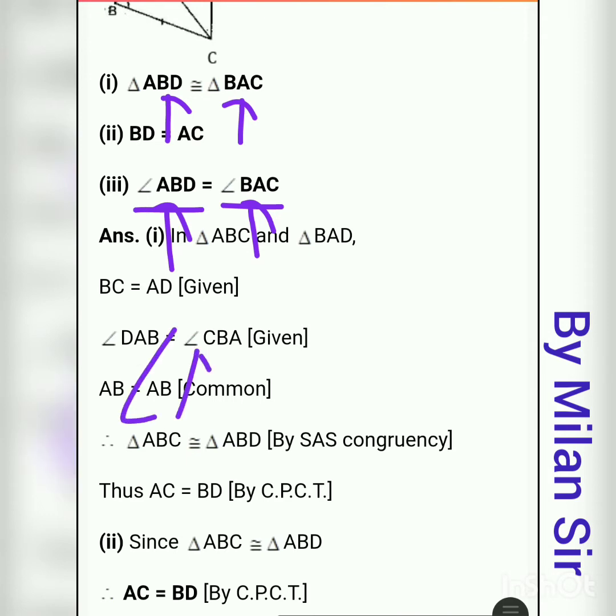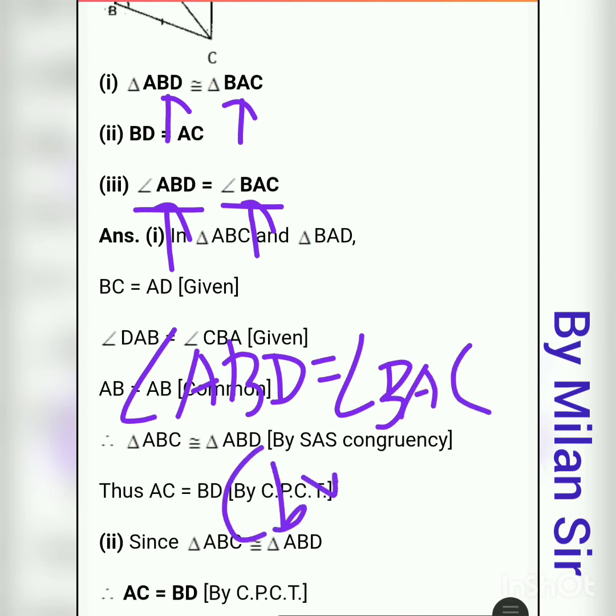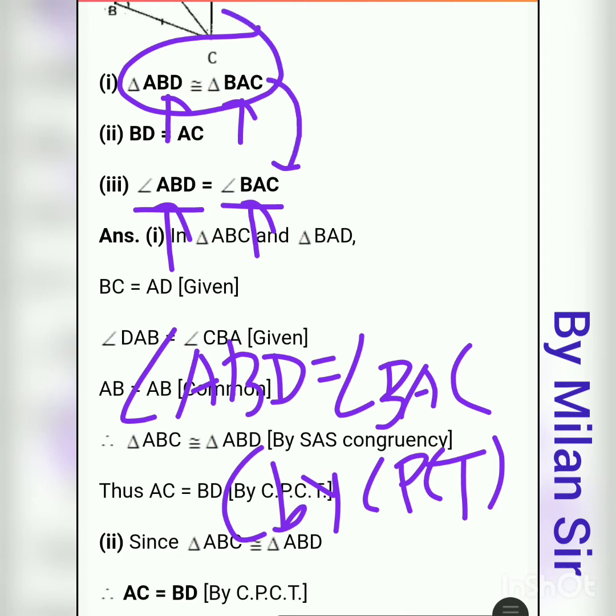So directly we can write angle ABD is equal to BAC, and again the reason is by CPCT. From this congruency criteria, directly we can say that these two angles are the same by CPCT.